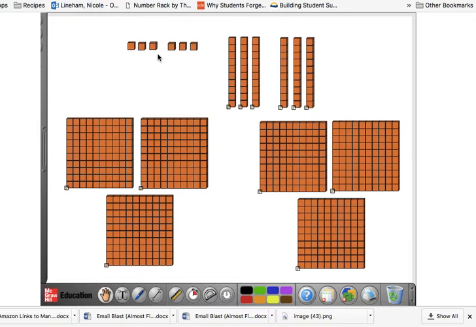So we want to move away from non-mathematical rules like add a 0 and expecting that to make the number 10 times larger, or adding 2 zeros, when really what we're doing is making the number 100 times larger, and instead have students understand what's really going on. That way, when we start using these base 10 blocks for decimals and we start changing the place value, we eliminate those mistakes that I showed you earlier, and students have a lot more conceptual understanding that really what we're doing is changing the place value.